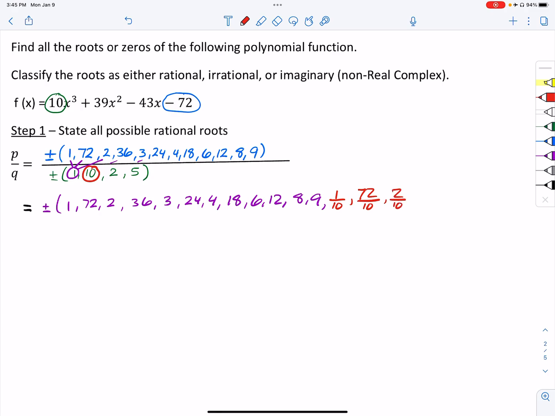I picked a giant set of numbers here, didn't I? 36 over 10. 3 over 10. You could probably scrub forward in the video if you know how to do that, but I will try not to make any mistakes and leave any values out. And we'll reduce these fractions that can reduce and cross out redundancies next.